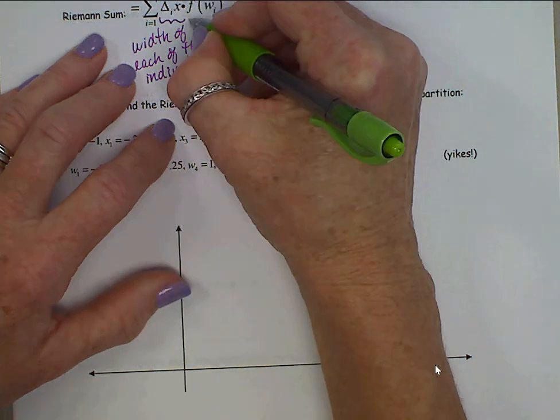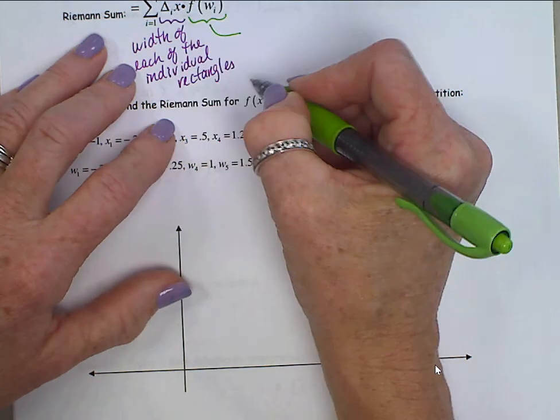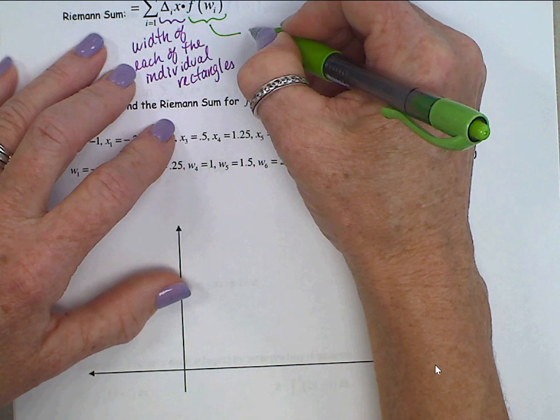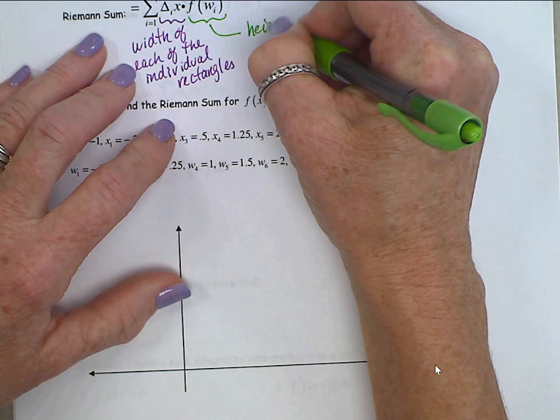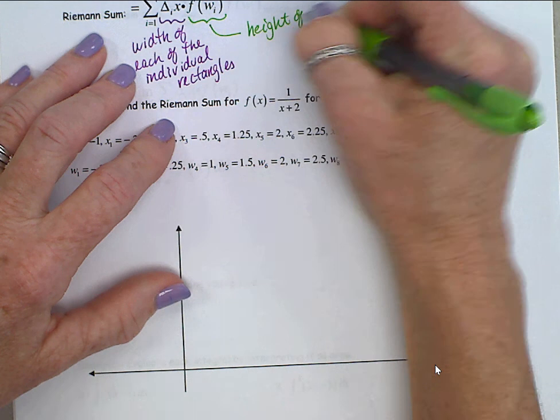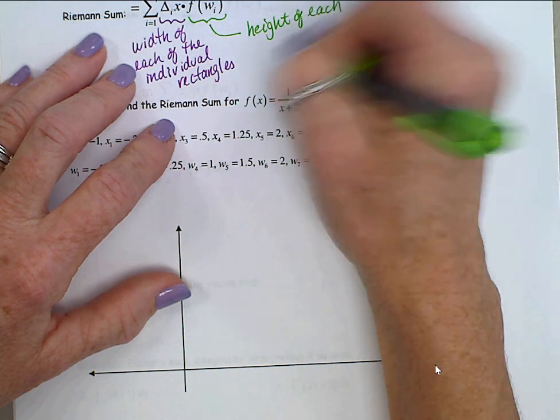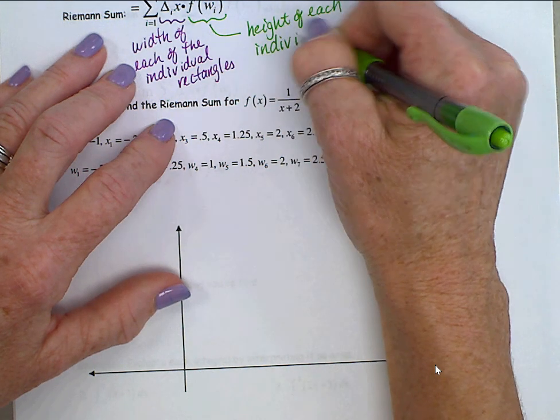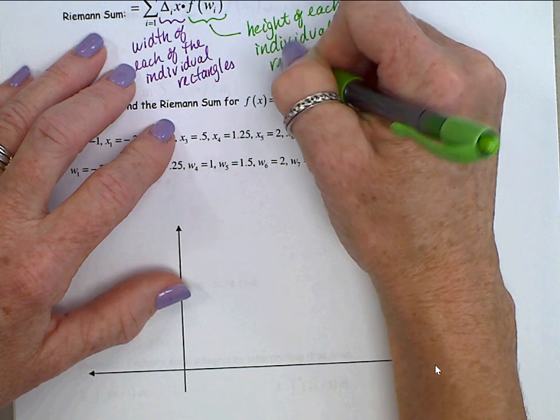And this f of w sub I is representing the height of each individual rectangle.